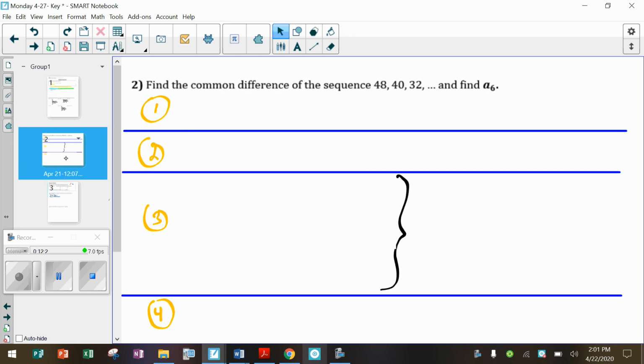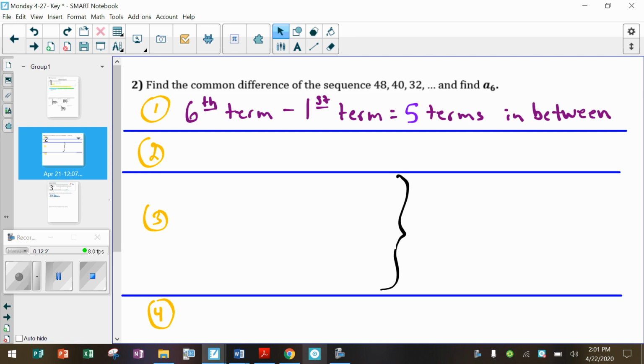Another way to find our sixth term is to use the common difference, but apply it in a slightly different manner. If you take the sixth term minus the first term, the sixth term is used because that's the term we're looking for.